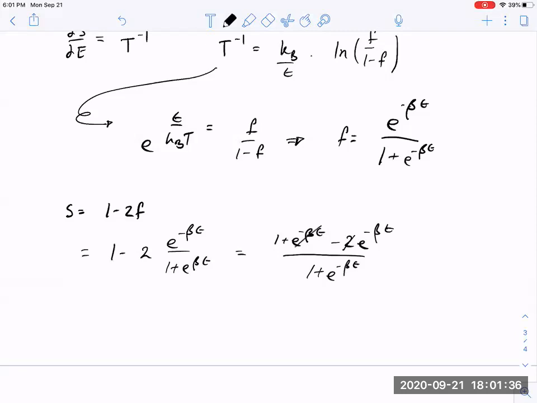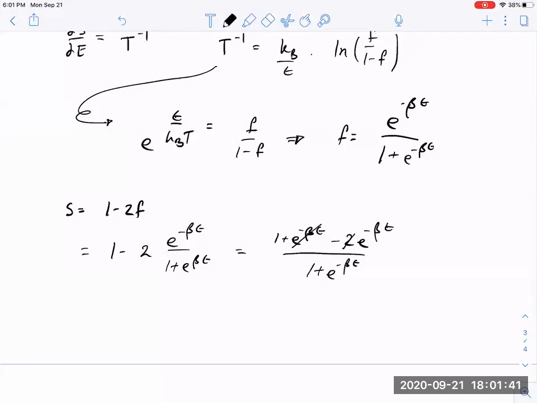One of these cancels that. 1 minus e to the minus beta epsilon over 1 plus e to the minus beta epsilon.